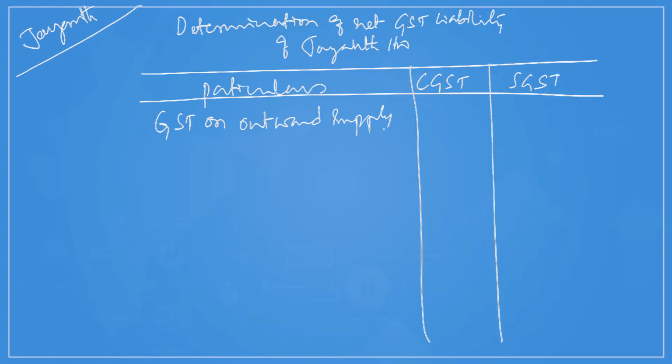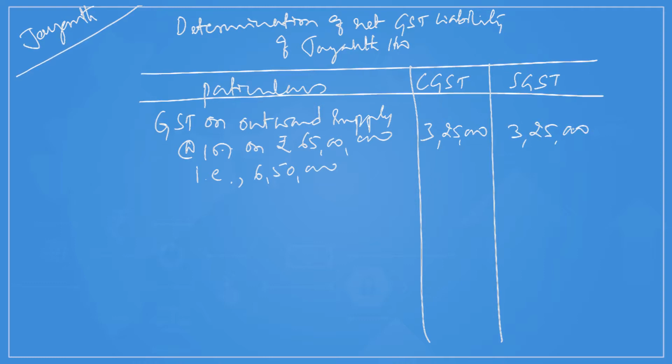Outward supply at the rate of 10% on rupees 65 lakh, that is rupees 6,50,000. For CGST it will come 3,25,000. For SGST also it will come rupees 3,25,000.